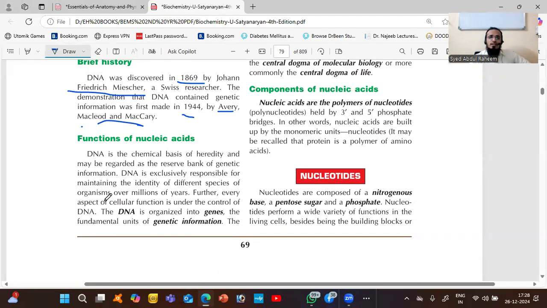They hold the basic information about heredity, like a reserve bank of genetics. The term we can use is a reserve bank of genetic information. What are they responsible for? For millions of years, the function of the liver has been the same, the function of the heart is the same, the stomach is the same. How does this stay the same?